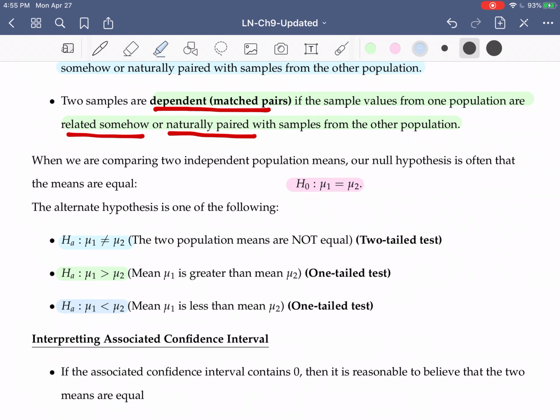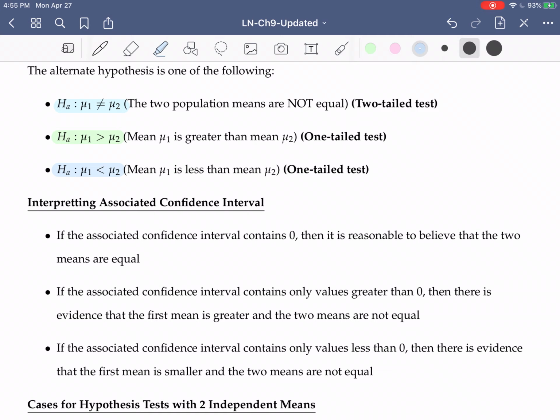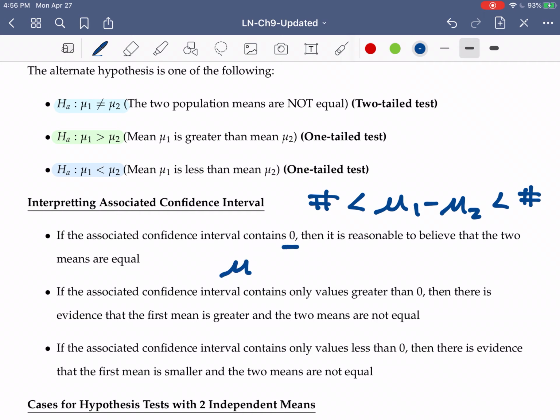Similar to the way we interpreted confidence intervals for proportions, for means we have the same thing. Our confidence interval is going to look like a number is less than mu1 minus mu2 is less than some other number. When we have 0 in the confidence interval, we are saying that it is reasonable to believe that mu1 minus mu2 is equal to 0, which would imply, if you added mu2 to both sides, that it's reasonable to believe that mu1 is equal to mu2.